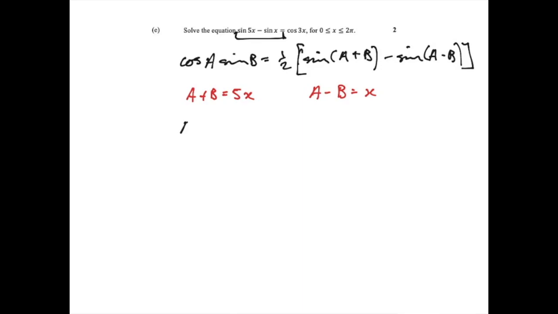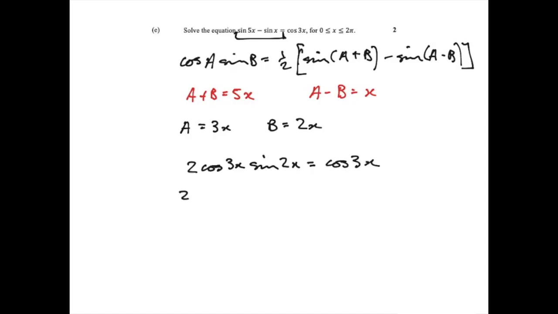So A is 3x and B is 2x, because when I add them together I get 5x and the difference is x. So I can write, if I times everything by 2, my left hand side is 2 cosine 3x sine 2x equals cosine 3x.